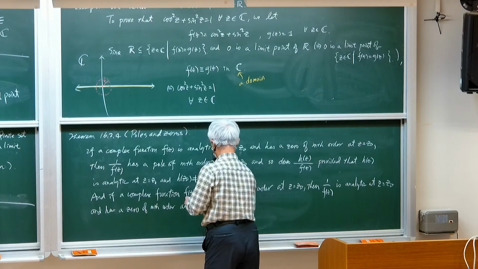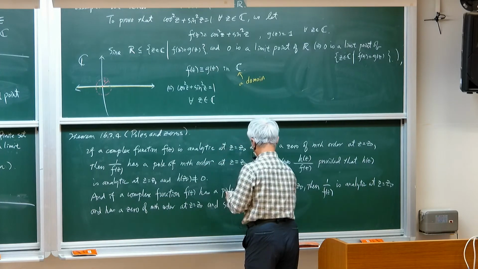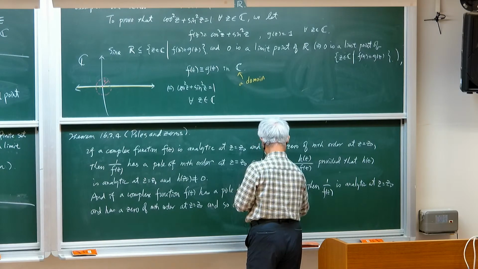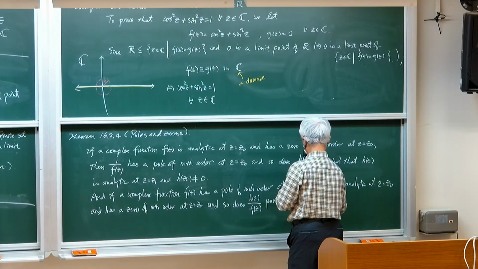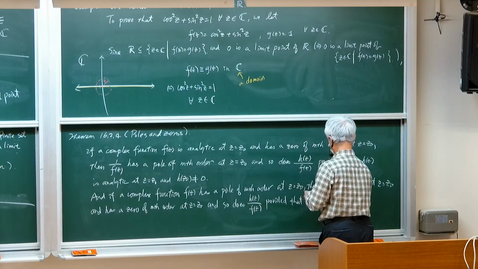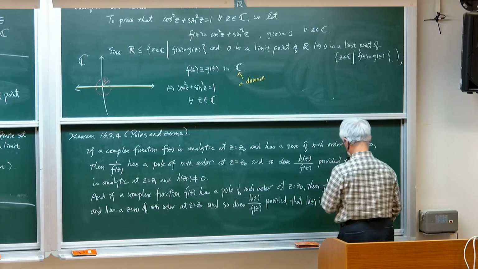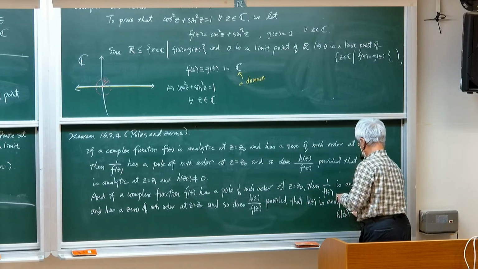And so does h of z divided by f of z, provided that h of z is analytic at z equals z0 and h of z0 is not equal to 0.